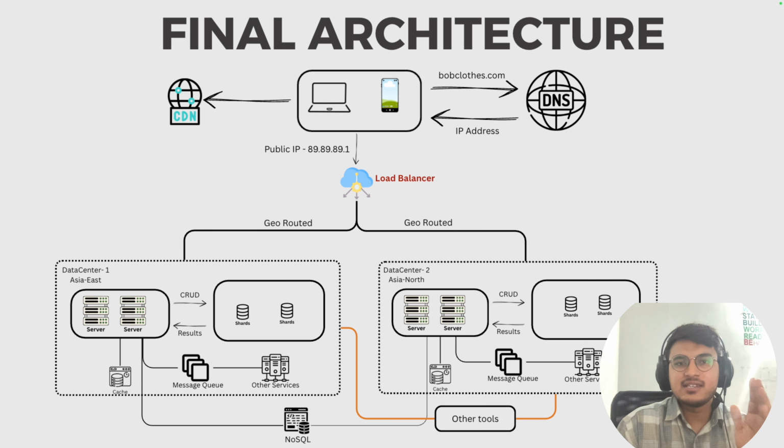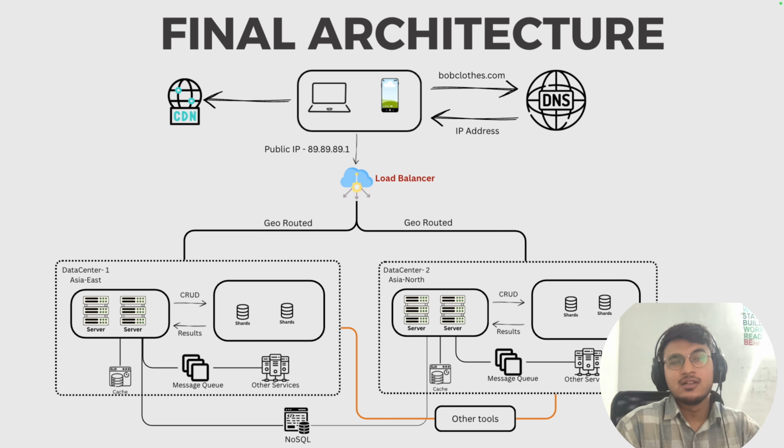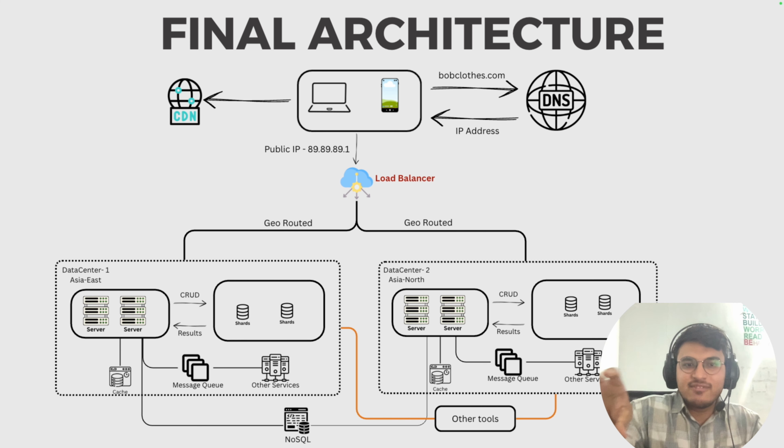If the user ID is 2, 2 modulus 4 is 2, so it moves to shard 2. If the ID is 4, 4 modulus 4 is 0, so it moves to shard 0. If the ID is 17, 17 modulus 4 has remainder 1, so it moves to shard 1. This is how you can divide it.